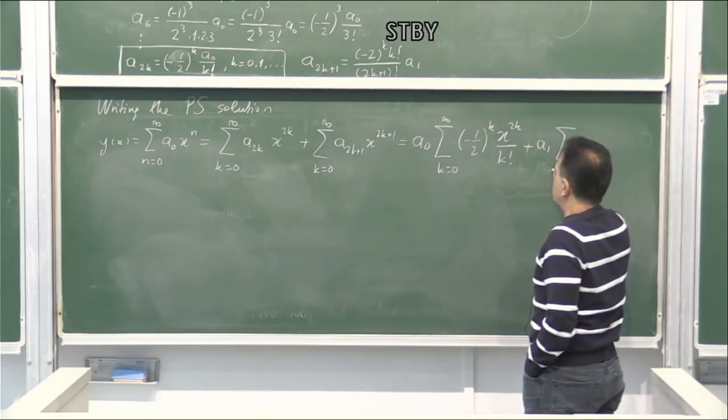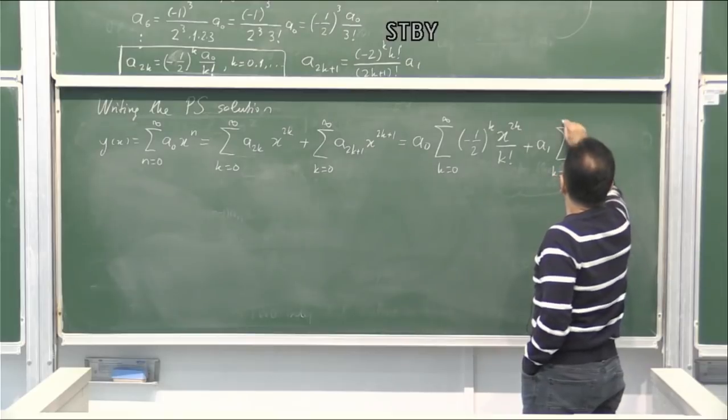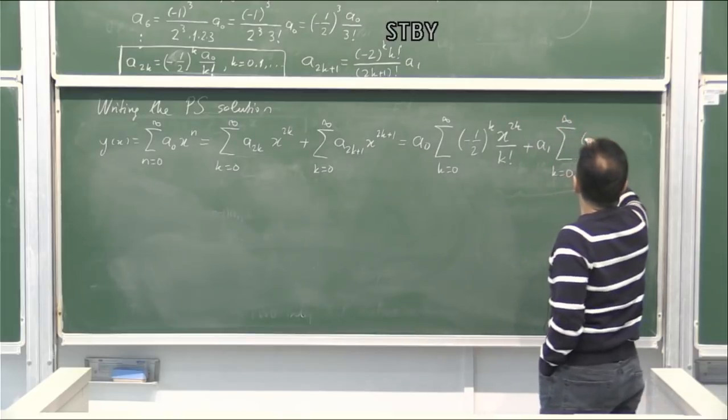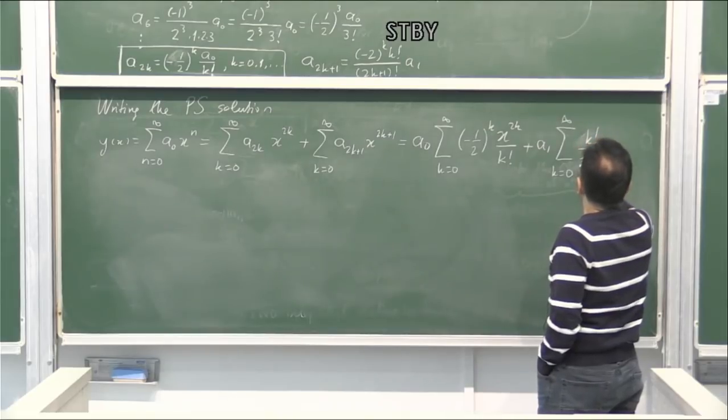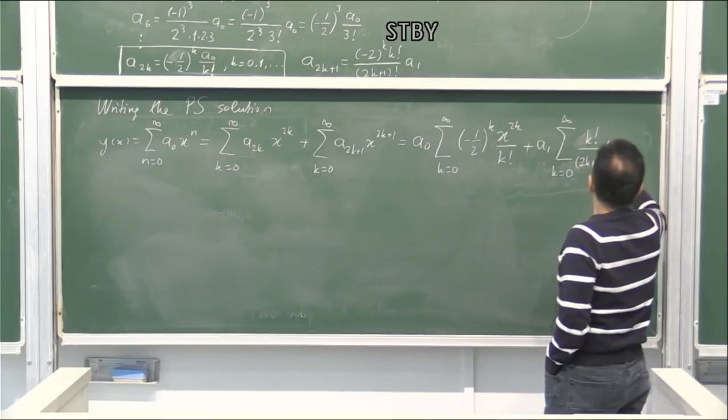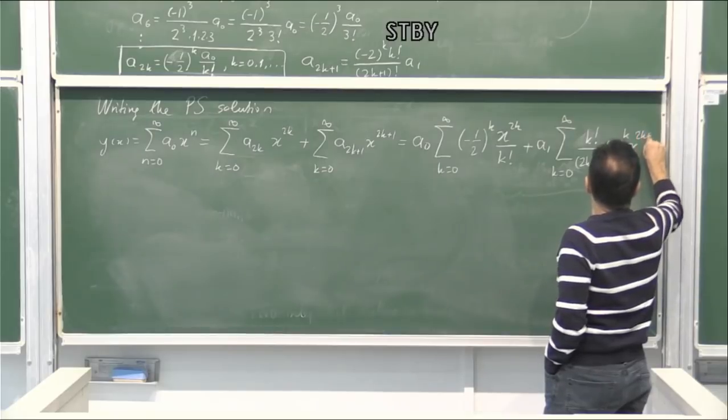It doesn't depend on the summation counter. Minus 2 to power k, k factorial over 2k plus 1 factorial, times x to power 2k plus 1.